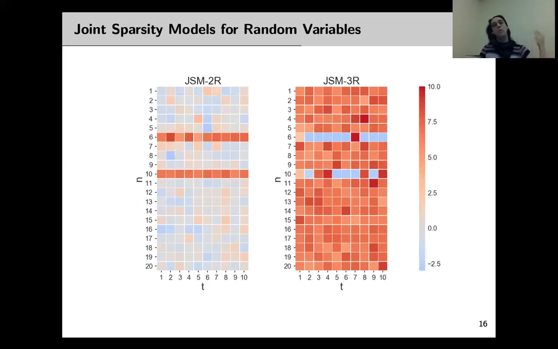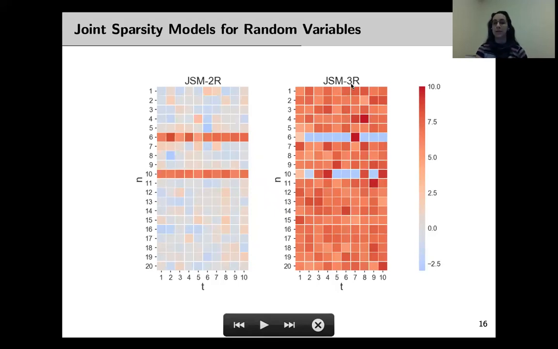So this is our adapted model. You remember those joint sparsity models that I showed before. So our JSM2, we've added R to indicate random. This is going to be similar, but a little different. Now we have a background distribution that's all common and has mean 0, and then we have locations that follow a different Gaussian distribution.